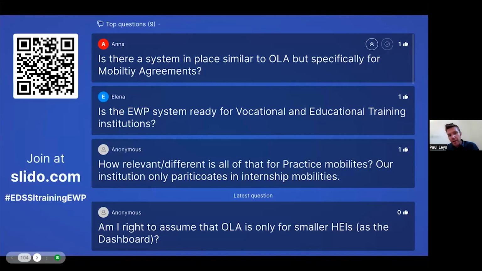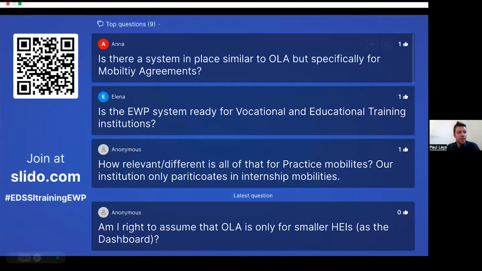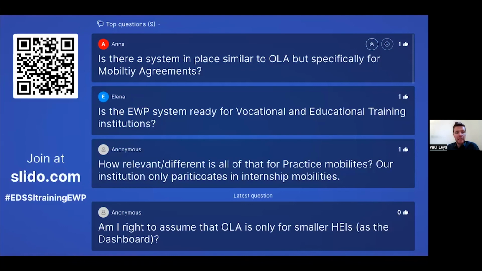When the question is more concerned with the Erasmus Plus traineeship agreements or staff mobility agreements, the system is not in place, but it's also in the long-term planning. More details will be announced in consultation with higher education institutions when the roadmap of the digitization of the Erasmus mobilities is further developed.